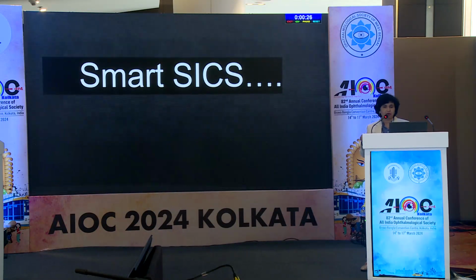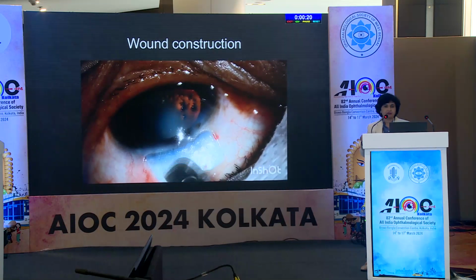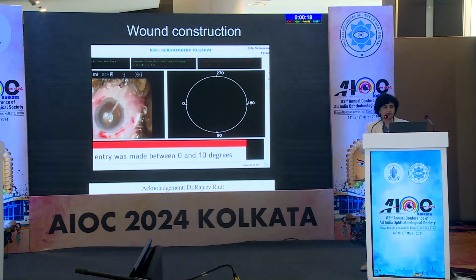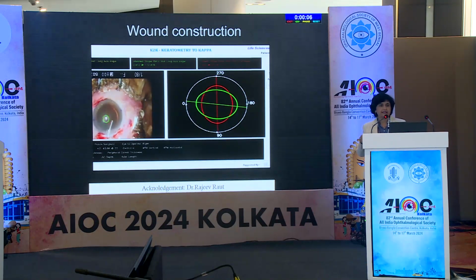So just a few words about SICS. The wound construction is very important. This is the smart SICS technique popularized by Dr. Rajiv Raut. This is K2K, that is keratometer to kappa reading.